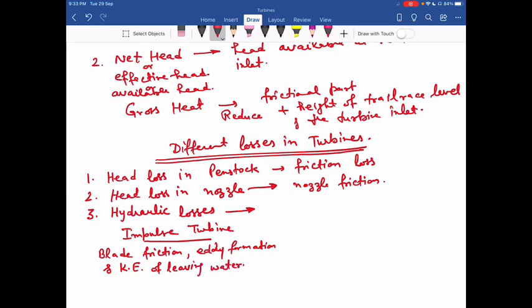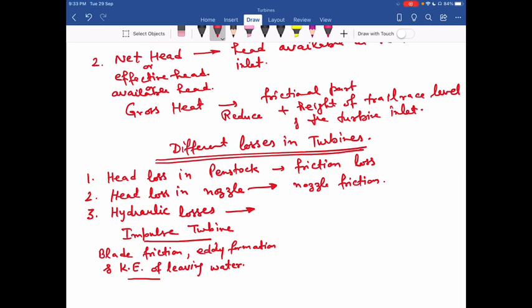Okay, so this is the kinetic energy of water that is going to the tail race. That water which after striking the turbine goes into the tail race has some velocity. So corresponding to that velocity, we have the kinetic energy, and that energy is one type of loss in the turbine. So that contributes in the hydraulic loss of the impulse turbine.